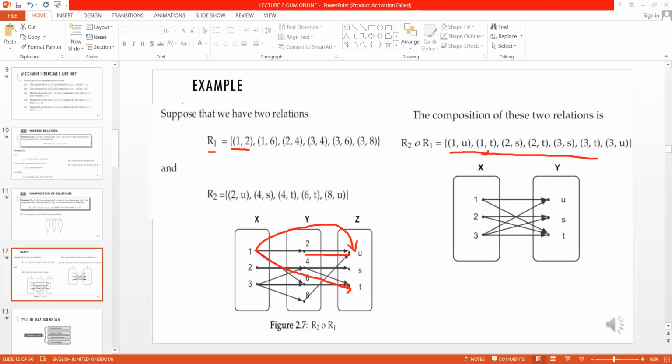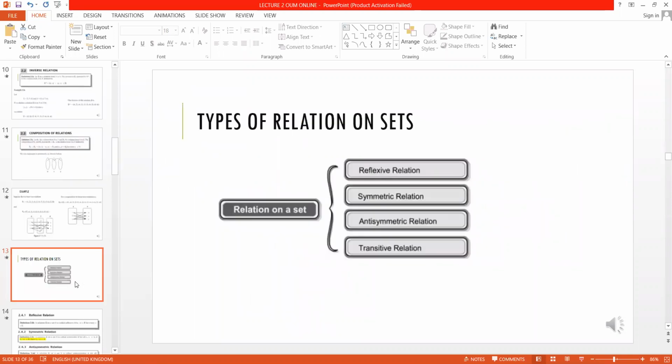Okay, let's continue. So we have basically 4 types of relations. Technically we have 3 because one is the opposite of the other.